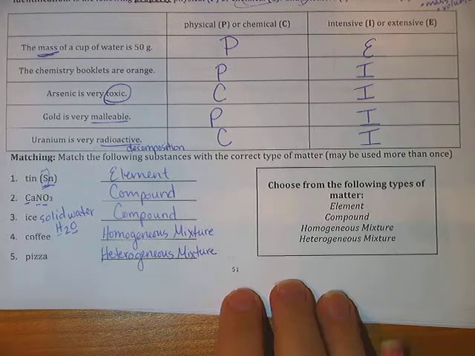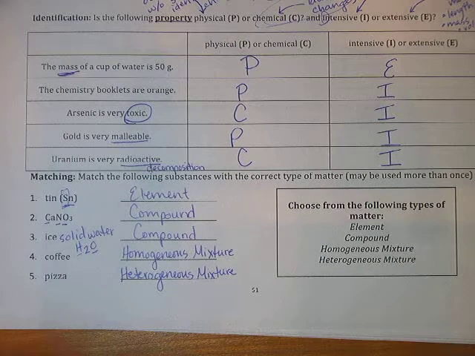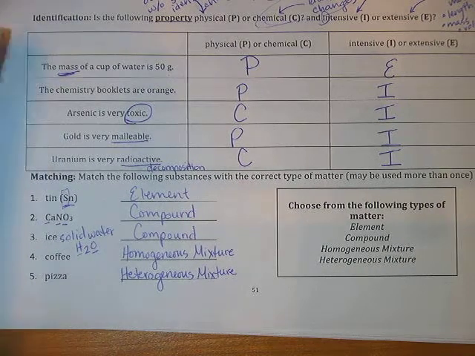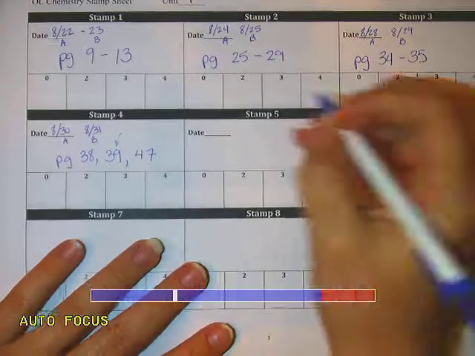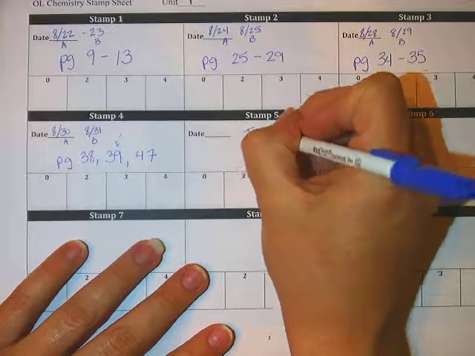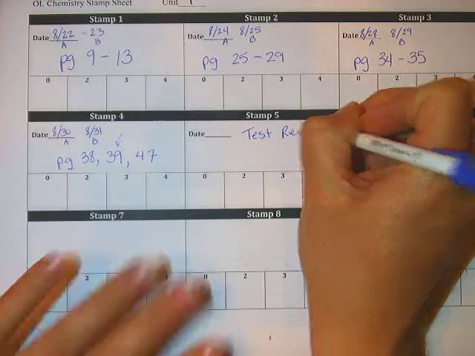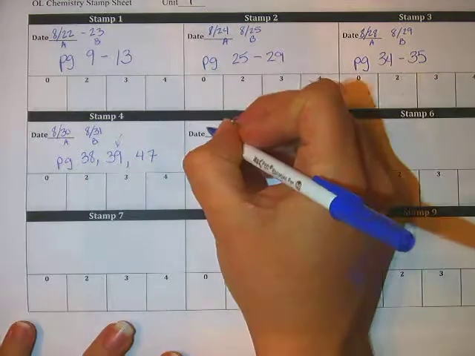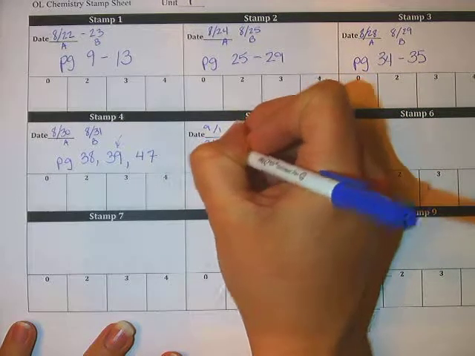All right, at this time, unless Miss Woodlock says otherwise, you're going to end up taking your quiz. Real quick, go back to your stamp page before you put your books away for the quiz. I definitely want to make sure that for a stamp you end up doing your test review, because at this point you should have a test next class, because today, depending on if it's an A day or a B day, today is either September 1st or September 5th.